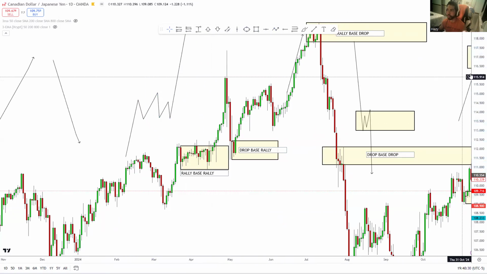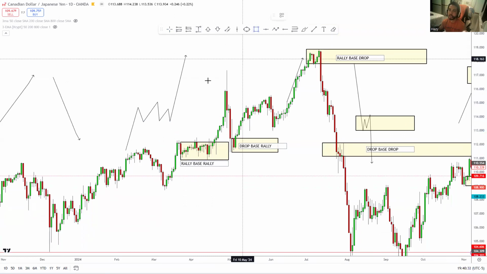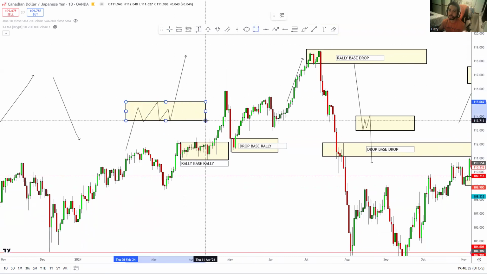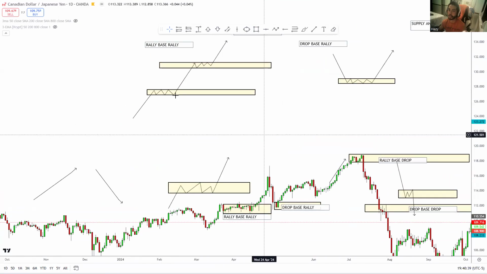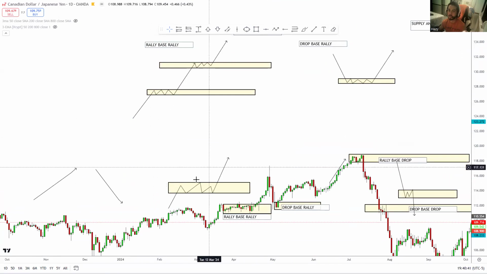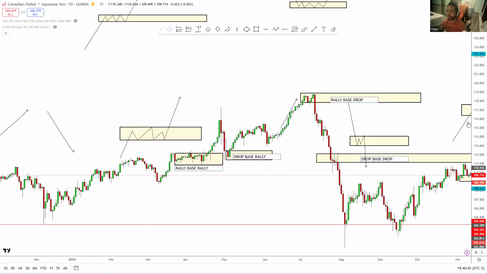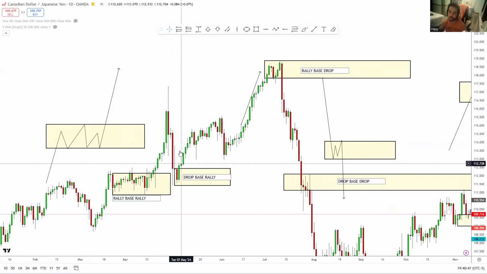If we remove this, we can see it's the exact same thing as I mentioned here. Rally-base-rally, look at the similarities. Now let's take a look at the drop-base-rally, which is basically where we have an explosive move to the downside.